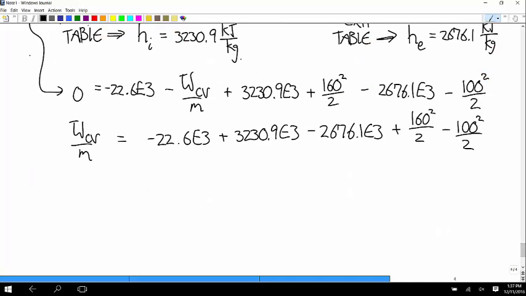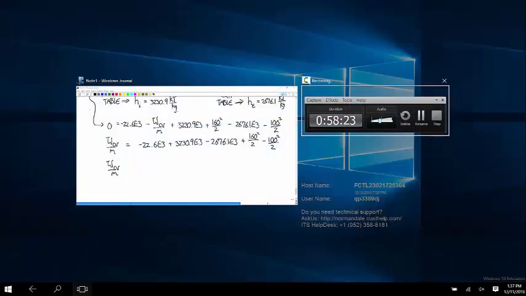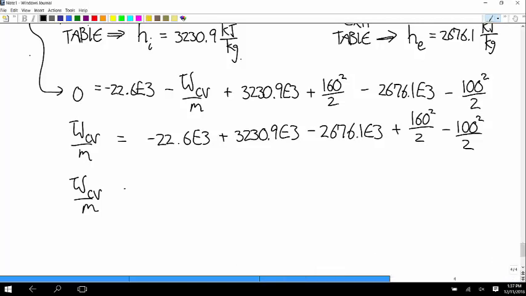So before we calculate that, what do we expect the sign to be here? It's a turbine, so it needs to be generating electricity, so we expect it to be positive. Okay, could someone calculate that? 540 kilojoules per kilogram. Yep.